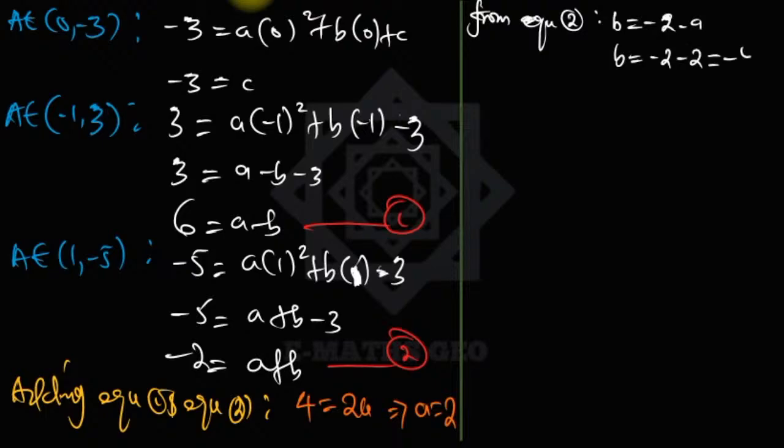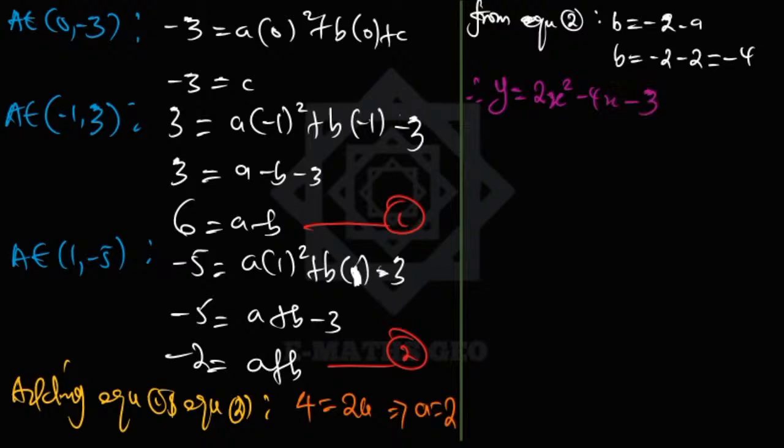So the value of b is -4. So we've gotten the quadratic function. Therefore, the quadratic function is y equals 2x² minus 4x minus 3. Okay, this is the quadratic function now.